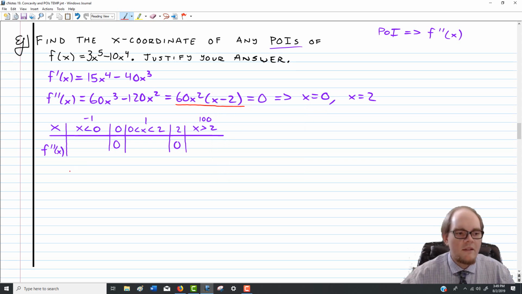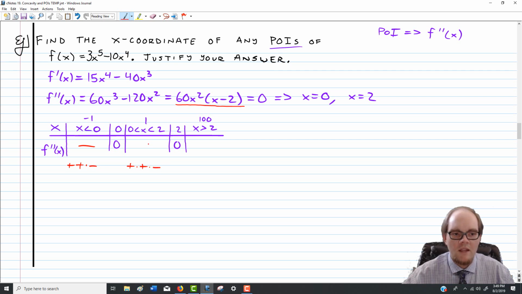The 60 is going to stay positive no matter what. And the x squared, by virtue of having an even power, is going to be positive as well. So for instance, when we plug in -1, we'll have 60 times -1 squared. That's a positive 60 times a positive 1. Then when we multiply by x minus 2, -1 minus 2 is -3. So we get positive times negative is negative. Likewise, when we put in 1, we get positive 60 times positive 1 squared times -1.